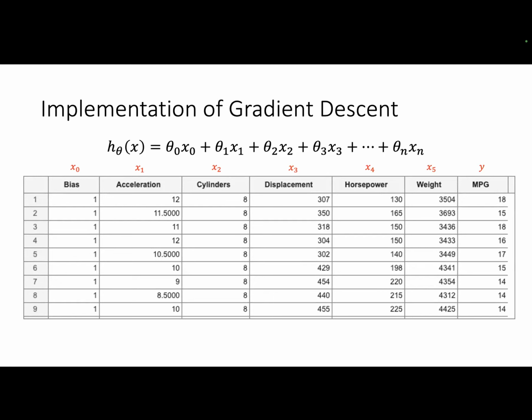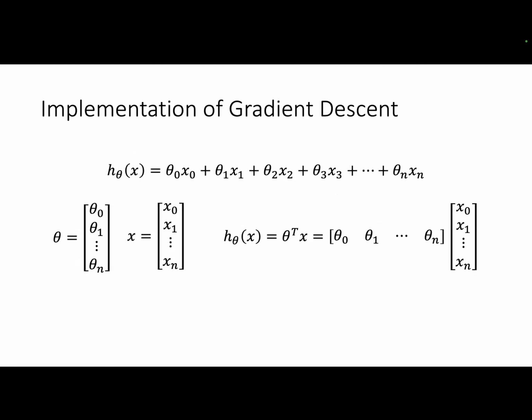Diba? So, paano natin ngayon gagamitin yung matrix dito? Okay, so, we write the hypothesis in this form. Okay, now, we can write theta, okay, as this, okay, in matrix notation, okay, as a column matrix, and x also as a column matrix. Okay?